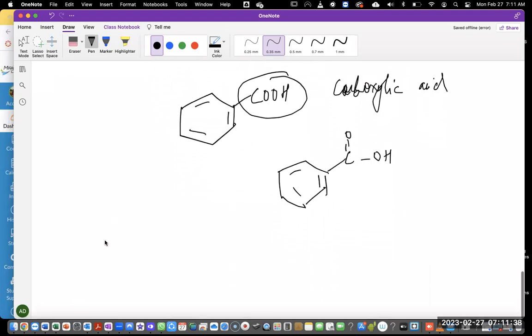All right, so if we draw, let's say, another molecule which has this, what will this be called, guys? You got NH2, plain NH2, no C double bond O. This guy is called amine.